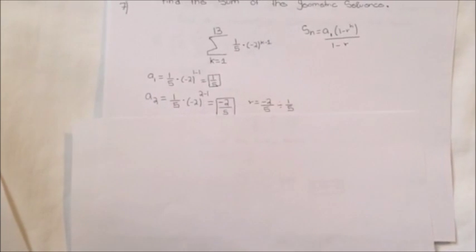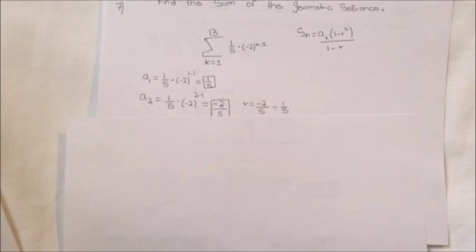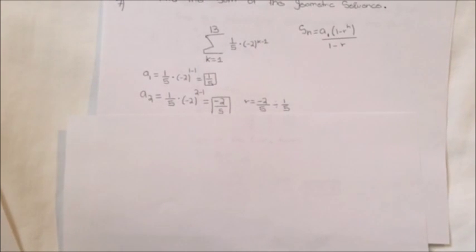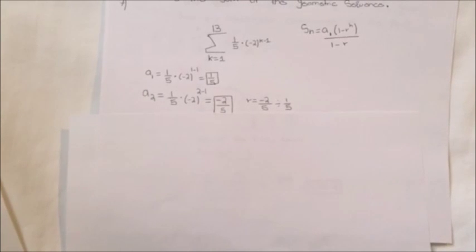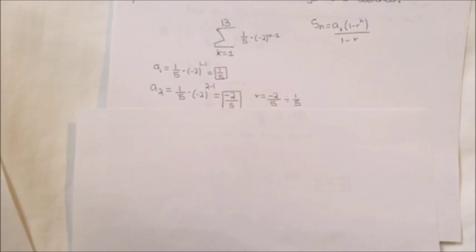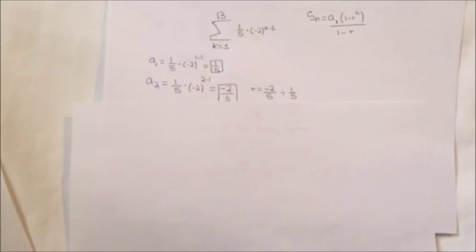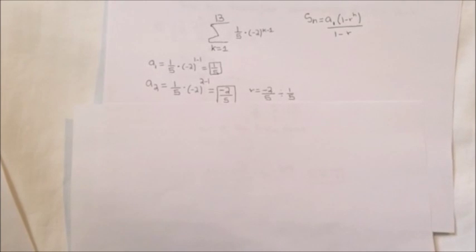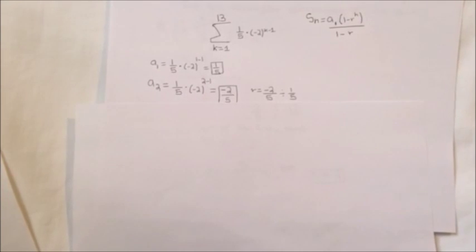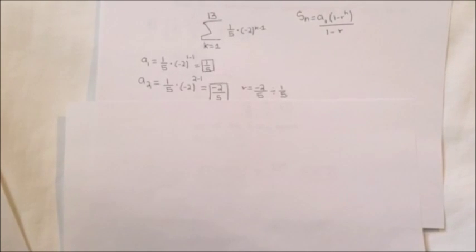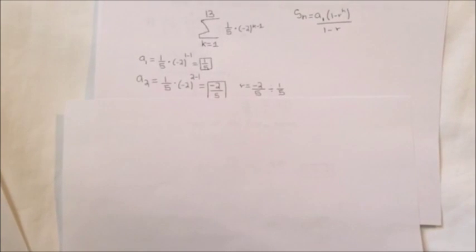To find our ratio, we divide our a2 by a1. So negative 2 over 5 divided by 1 over 5.